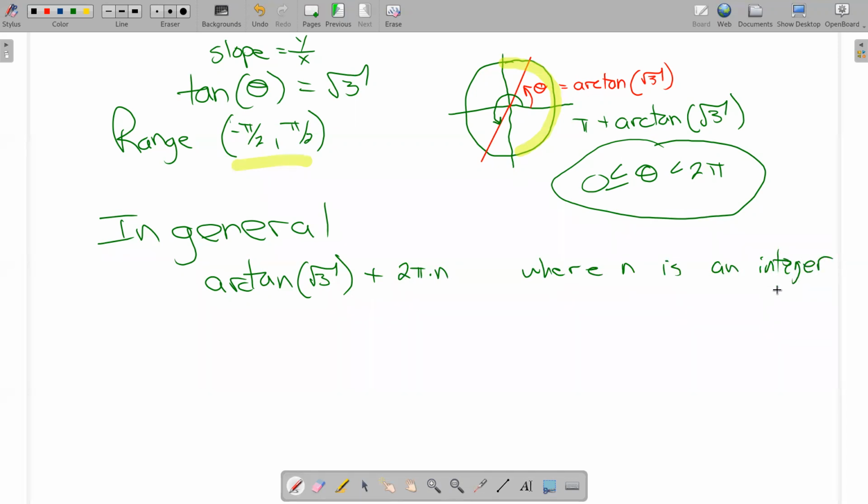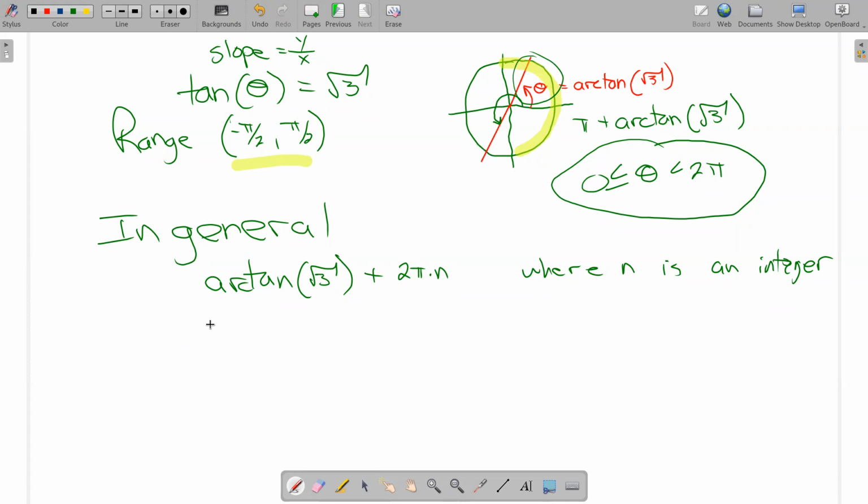Now, integer, that could be positive or negative. So I could be subtracting 2 pi here. N could be 0, which means I get just that one. Now, that gives me versions of this up here in the first quadrant. That doesn't give me this other version down here.